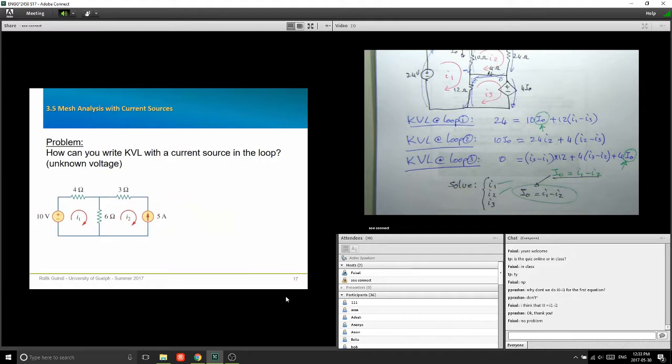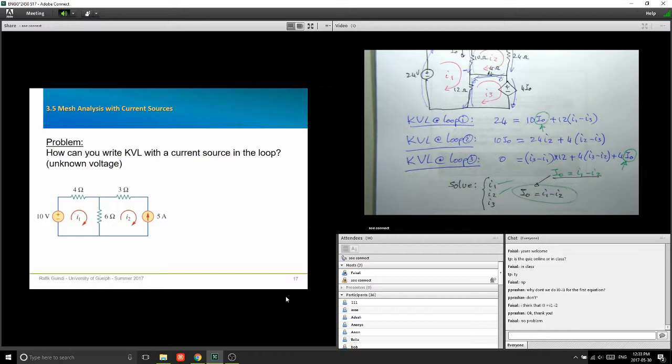Okay. Problem. Look at this one. I have a current source in the loop. You see that? You have a 5 amp current source here. If you want to write KVL, because that's the method, right? You have to go around every mesh and write KVL.